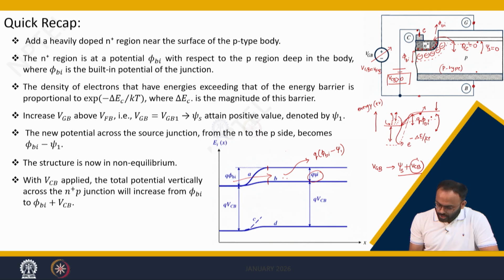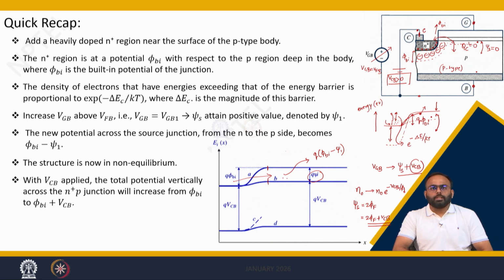We also argued that if we really want to use the previous equations derived for the 2 terminal structure, they can be used only by replacing n naught by n naught into e to the power of minus VCB by phi t, or psi s equals 2 phi f can be rewritten as 2 phi f plus VCB.